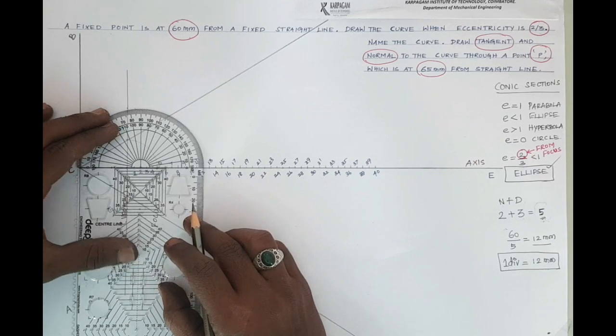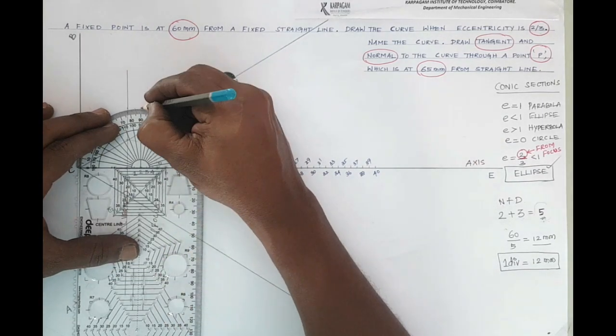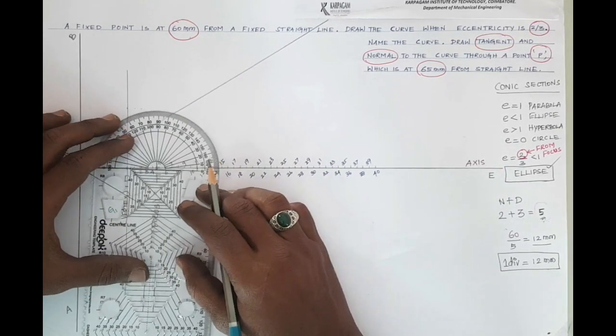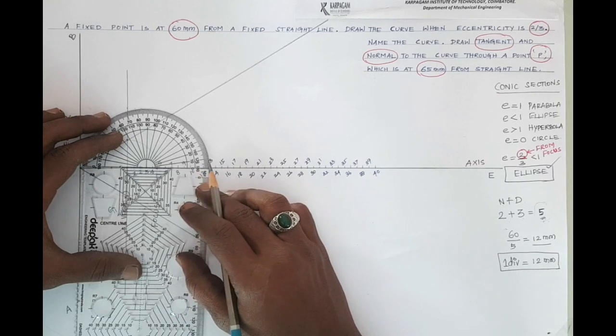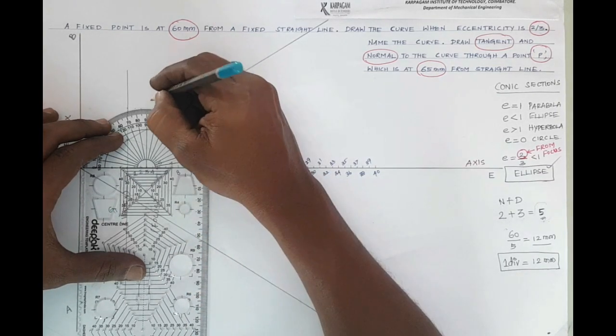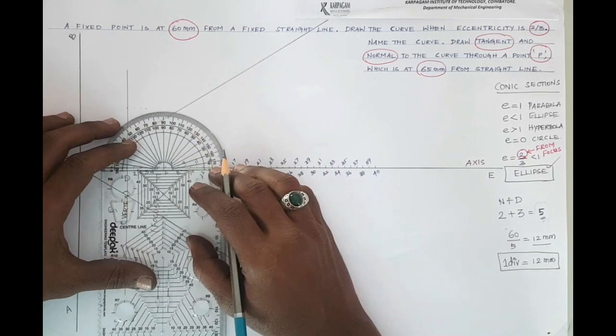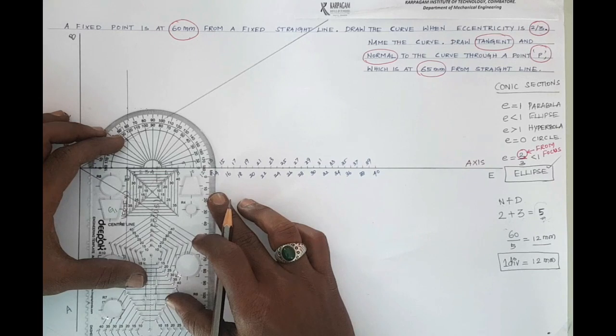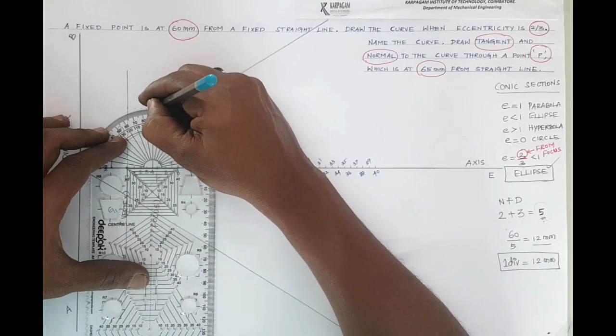Then the next vertical line is 2. The next one is 3. The next point is 4.